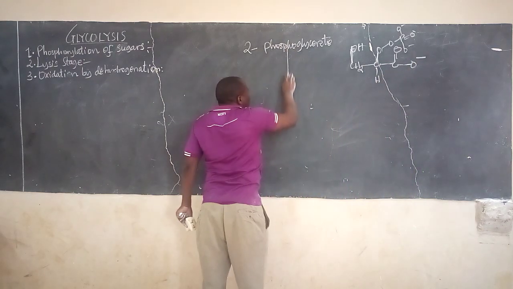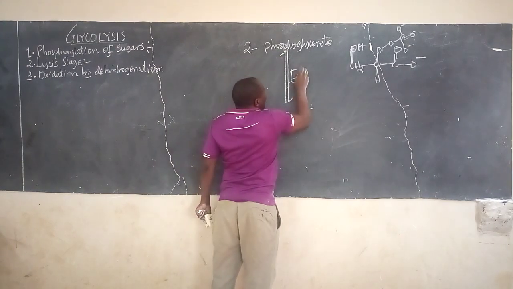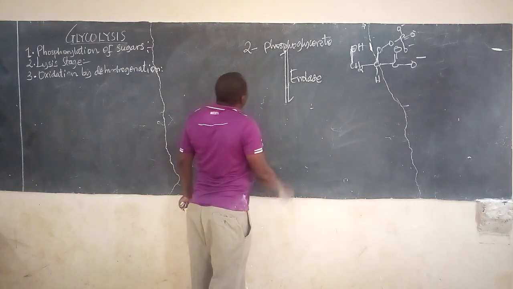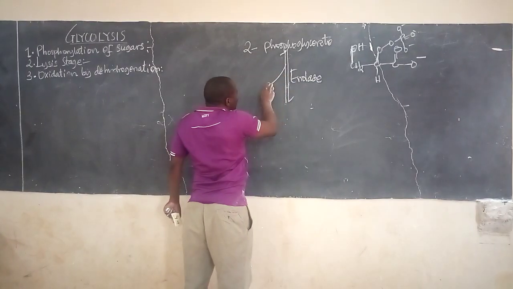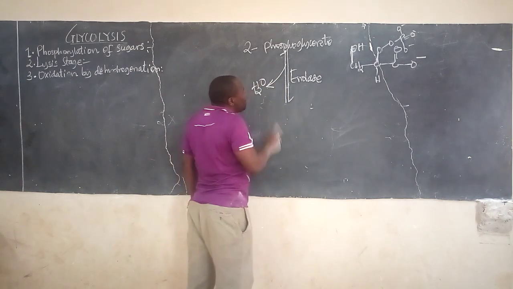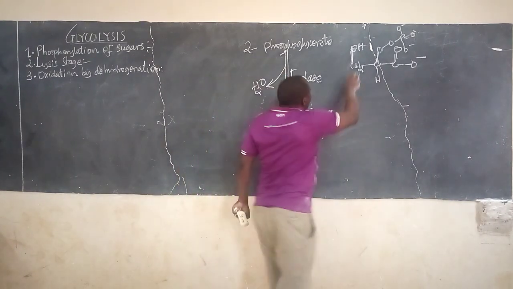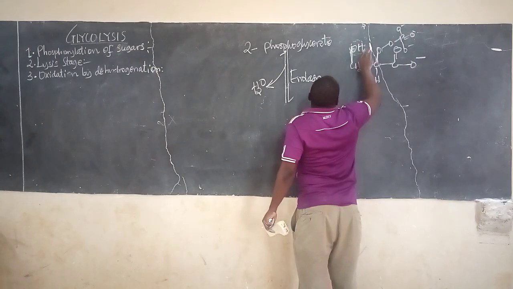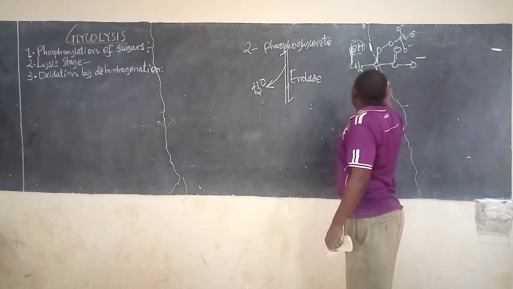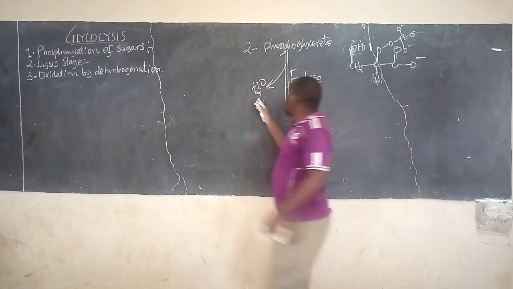In presence of the enzyme known as enolase, water is going to be given up, or dehydration of the 2 phosphoglycerate will take place, in which this hydroxyl group from the third carbon plus this hydrogen from the second carbon are going to be removed to form water.